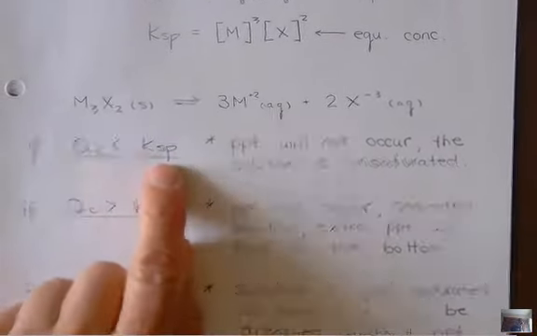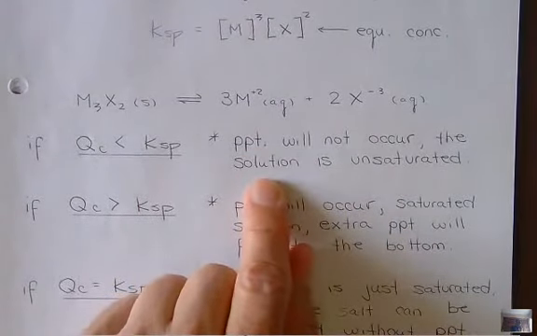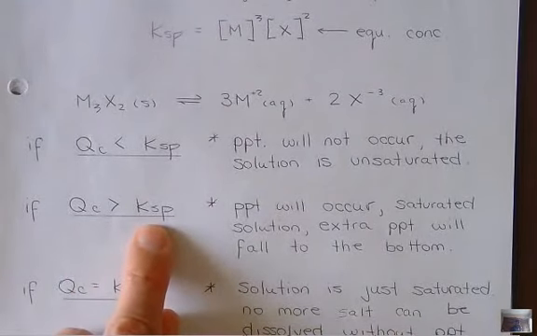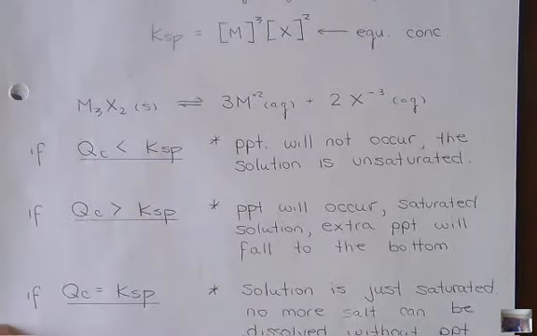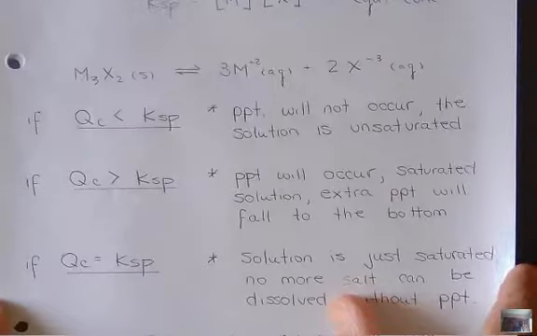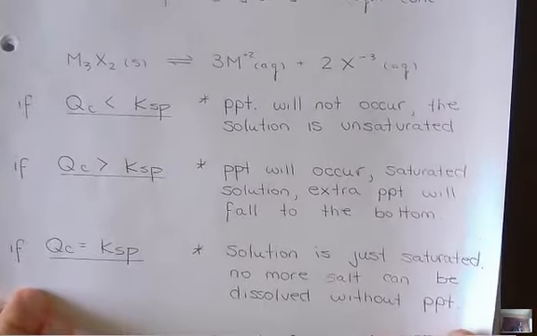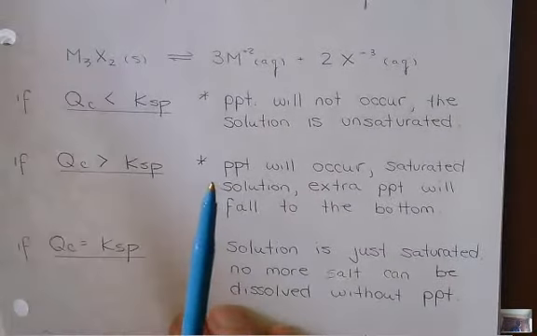If QC is less than KSP, precipitation will not occur and the solution is considered unsaturated. If QC is greater than KSP, precipitation will occur. You have a saturated solution, and the extra precipitate will fall to the bottom. If QC is equal to KSP, this is hard to do, to get just the right amount in there, the solution is just saturated. No more salt can be dissolved without forming a precipitate.